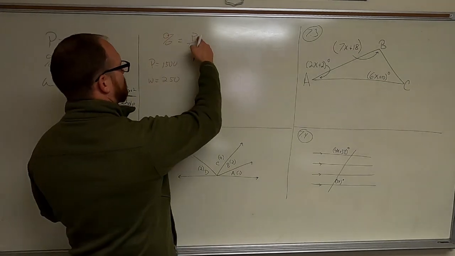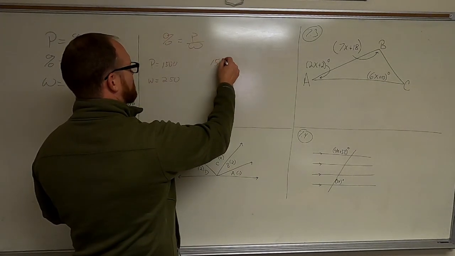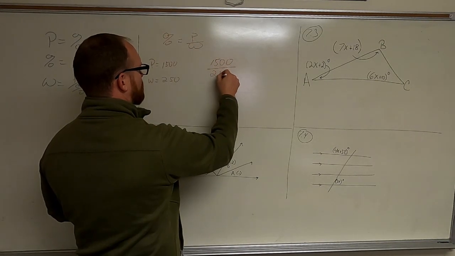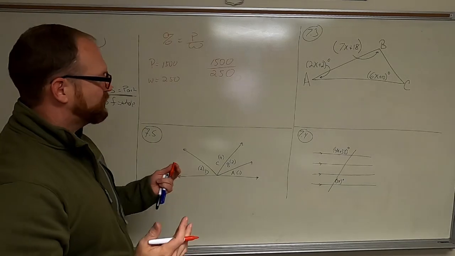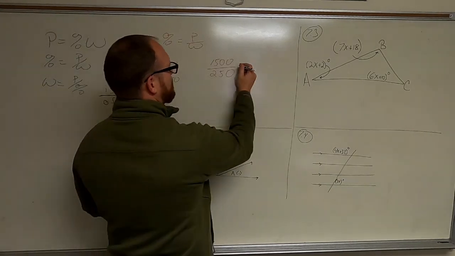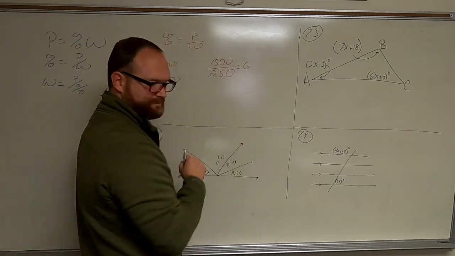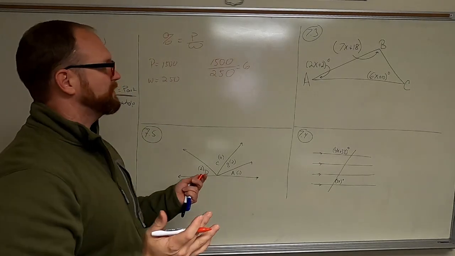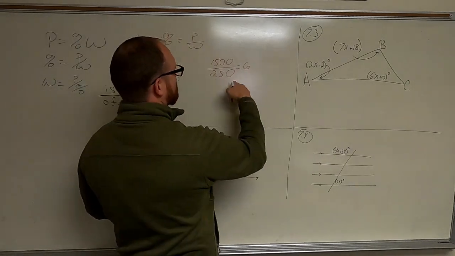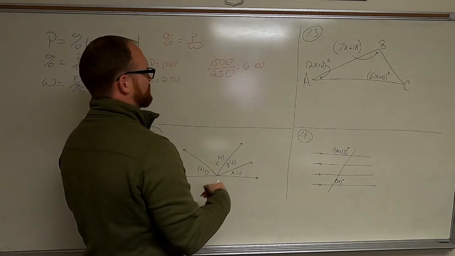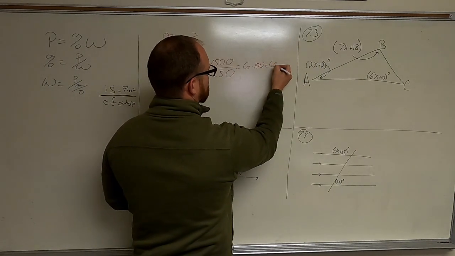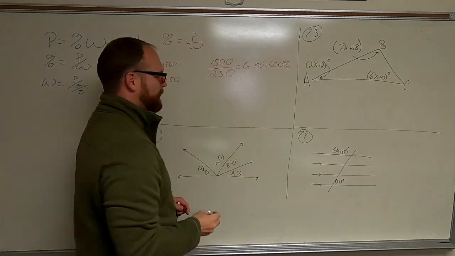Well, percent equals part divided by the whole. 1500 divided by 250. Well, 250 is going to go into 1500 6 times. And we know that to be so. So not only does it go in 6 times, but we have to multiply by that 100 to get it into percent. And so it's going to equal 600%.